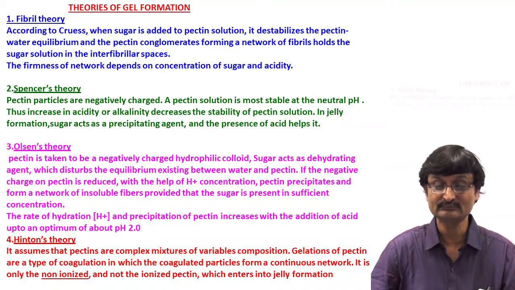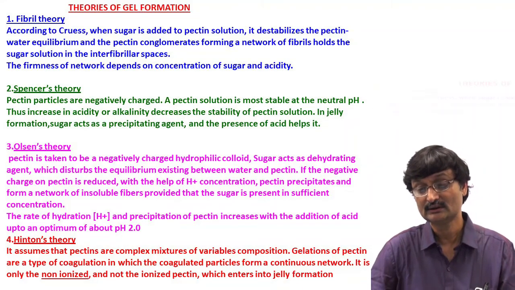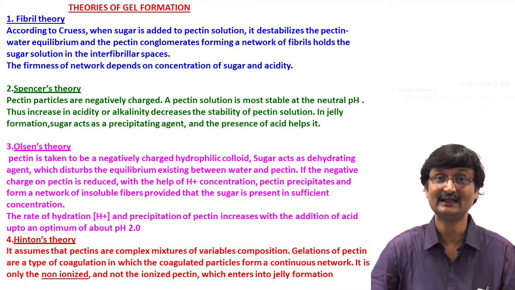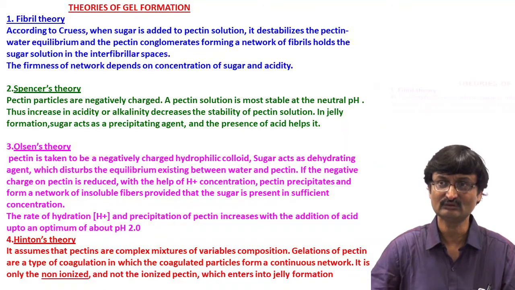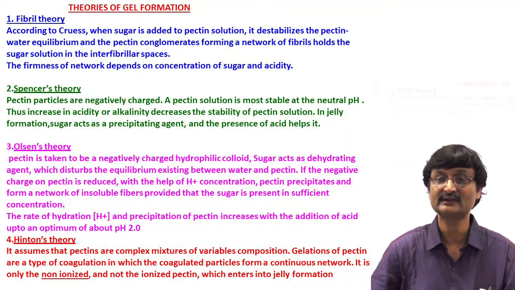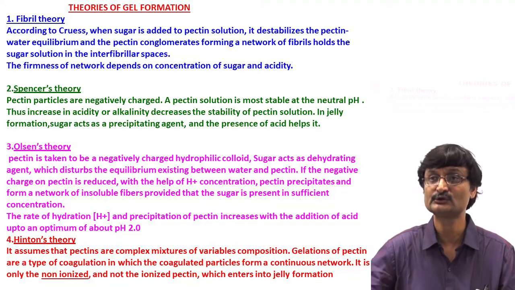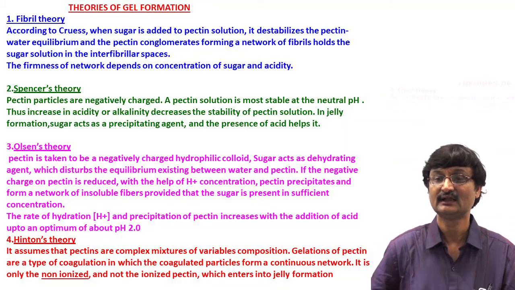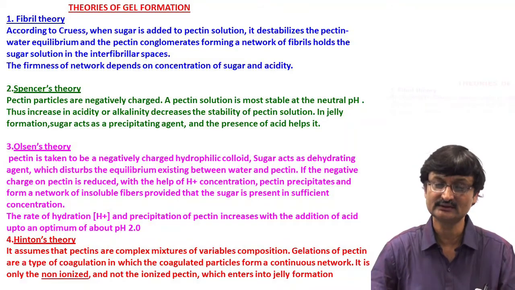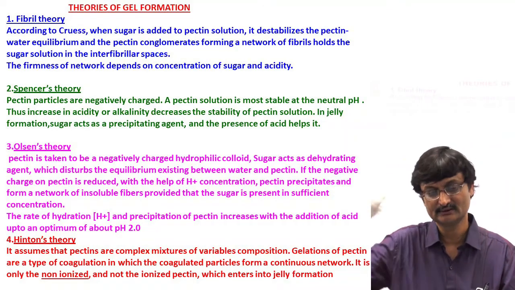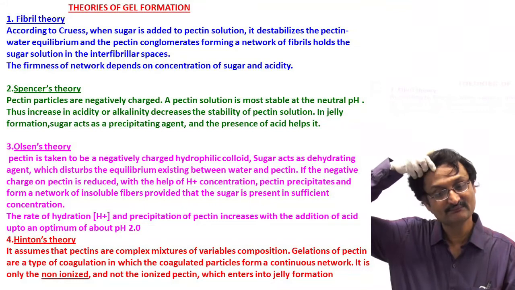The firmness of the network depends on concentration of sugar and acidity. One type of network is formed by the pectin, and the sugar solution is embedded in the network, and thus the jelly is prepared.